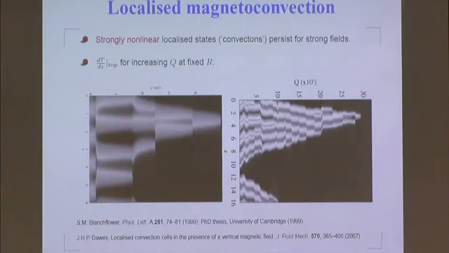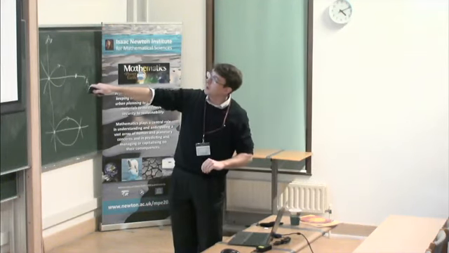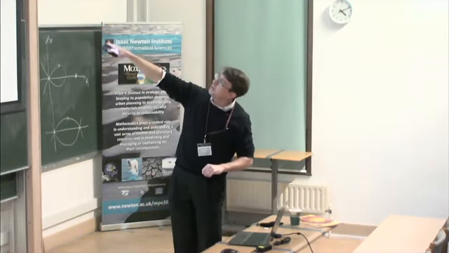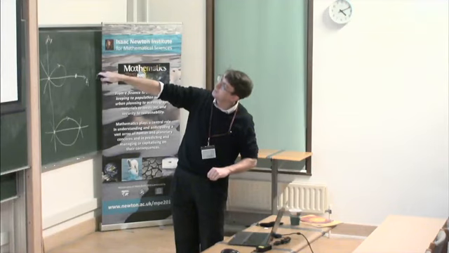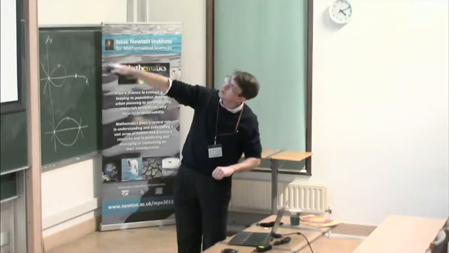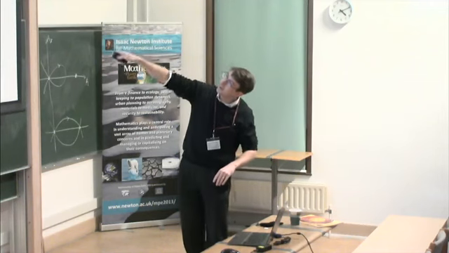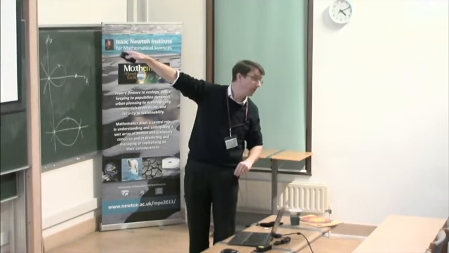So these pictures are from a PhD thesis of Sean Blanchflower, who's in the same group as I was at the time. And what he's done here is to pick a field strength. If Q is 0 on this line, we've got the plain vanilla Rayleigh-Bénard problem. I've got vigorous convection everywhere, which is indicated by the light color, which is the temperature gradient at the top surface.